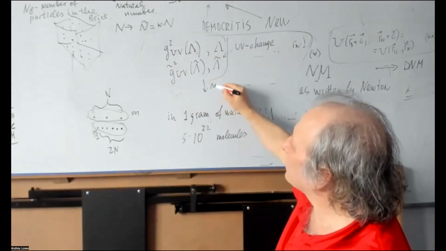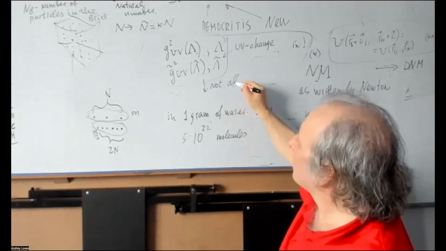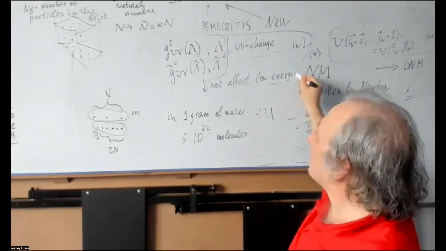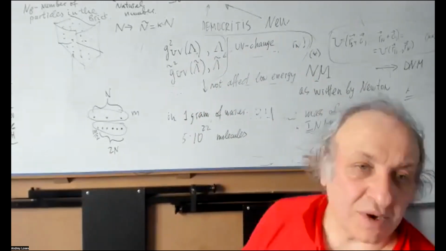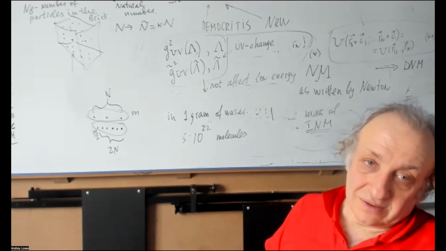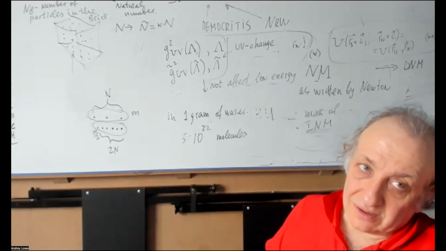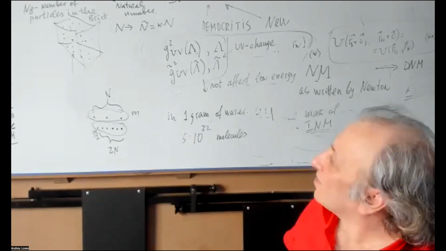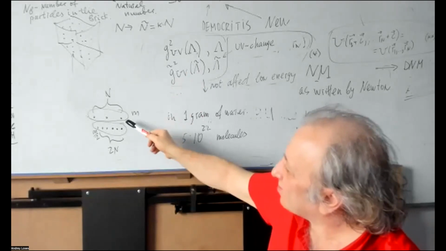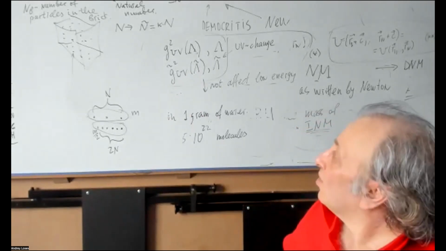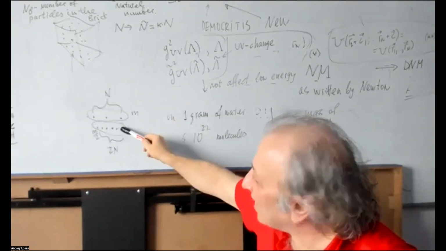And it would not affect low energy. So that's how it is treated in quantum field theory. But here I see the same phenomenon. The role, if you wish, of the ultraviolet coupling is played by the fundamental mass. The role of the cutoff is the fundamental spacing.